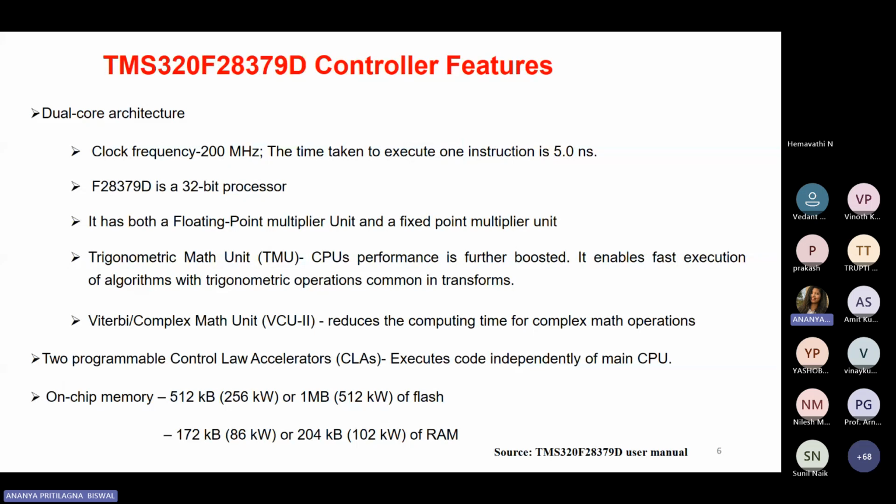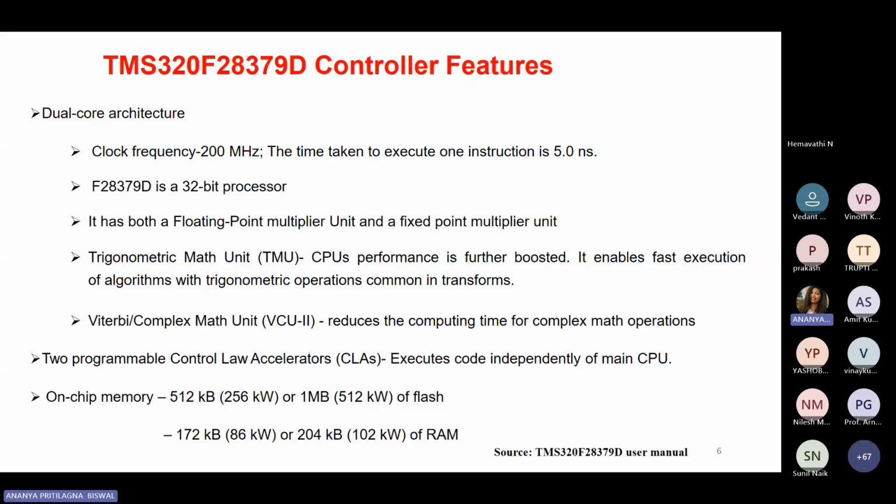The controller features: it's a dual core architecture, clock frequency 200 megahertz. The time it takes for execution of one instruction is 5 nanoseconds. It's a 32-bit processor and has both a floating point multiplier unit and a fixed point multiplier unit.